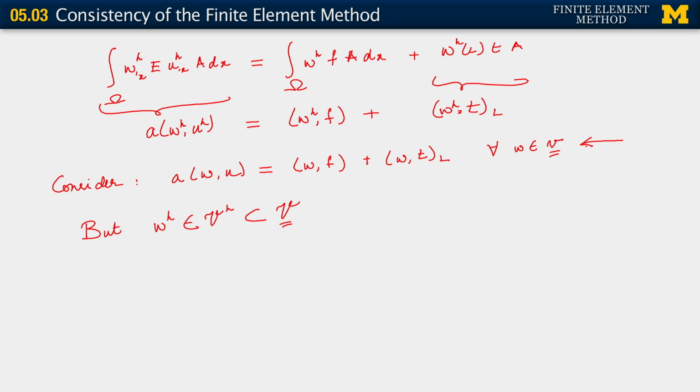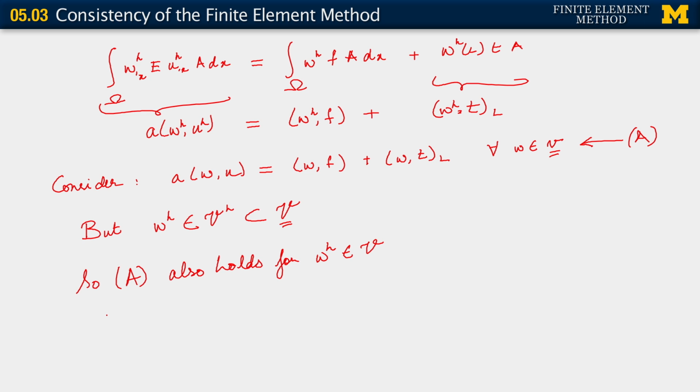So let me call this relation A, the infinite dimensional weak form. A also holds for w h, because w h itself belongs to V.